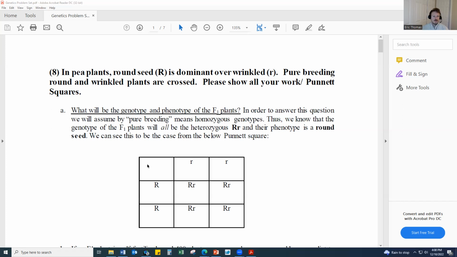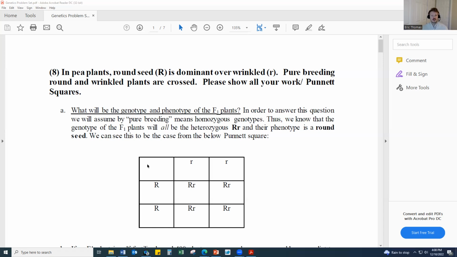First, we have to understand what pure breeding means. I took it to mean that the parent plants are homozygous genotypes, meaning the round seed plant has to have a genotype of capital R capital R, and the wrinkled plant has to have a genotype of lowercase r lowercase r.